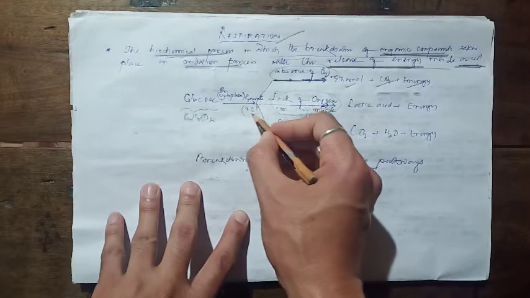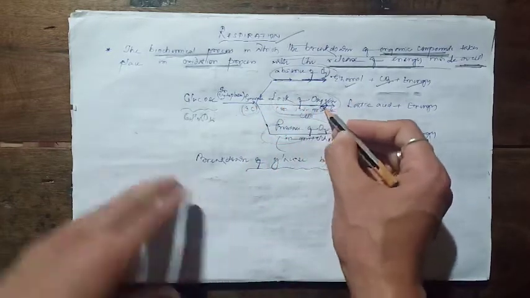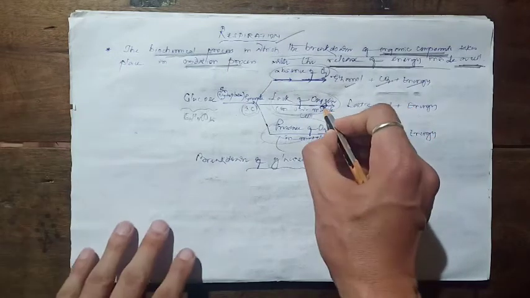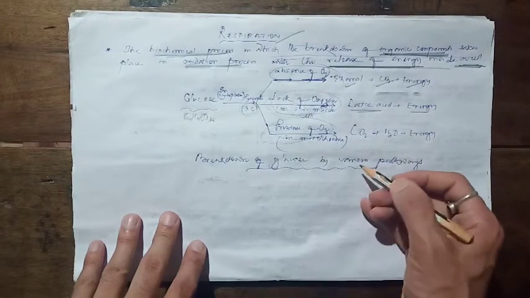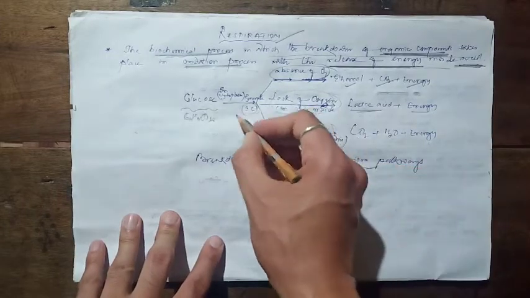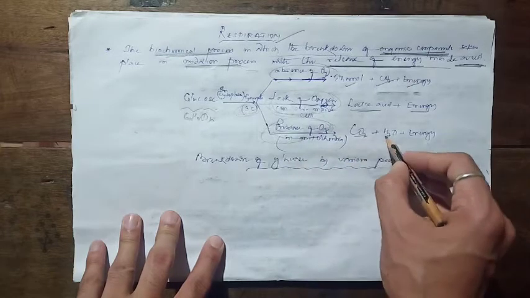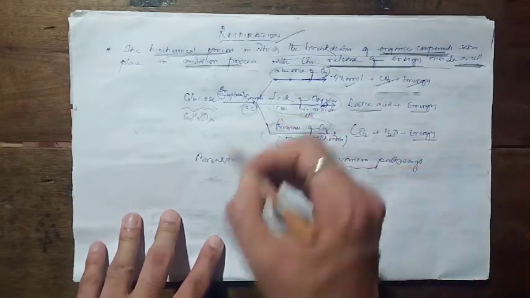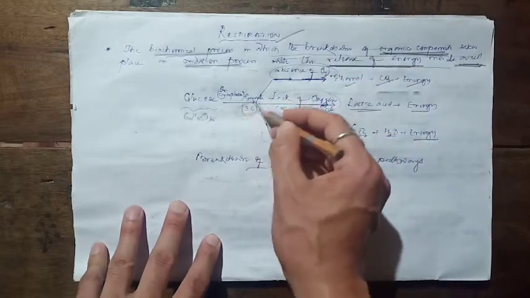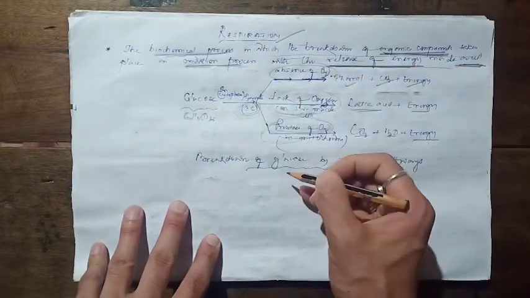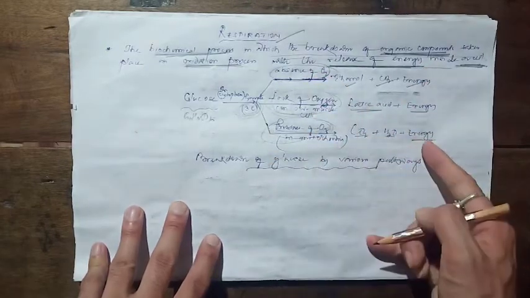If it is broken down in lack of oxygen, lactic acid is formed with the release of energy. And if it is broken down in the presence of excess oxygen, carbon dioxide, water, and energy are released. Students, in all these processes energy is released.